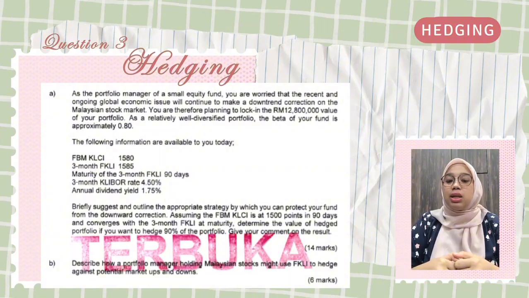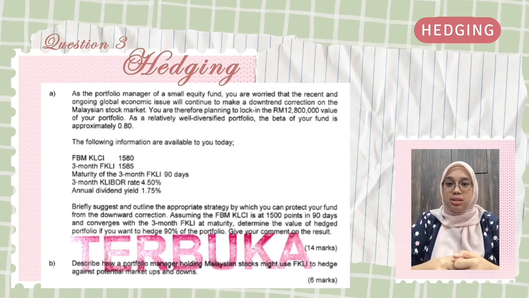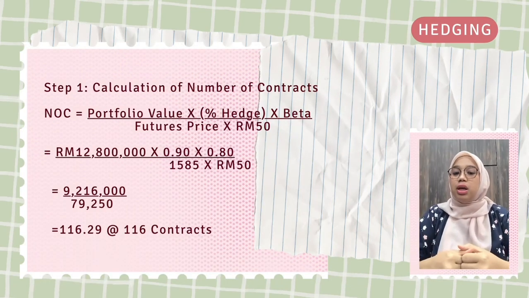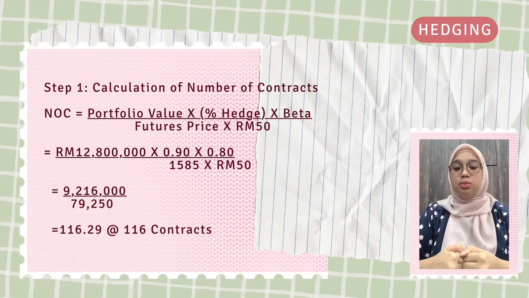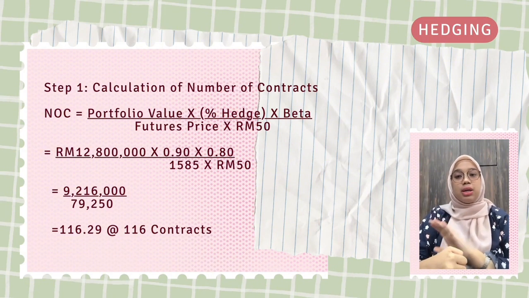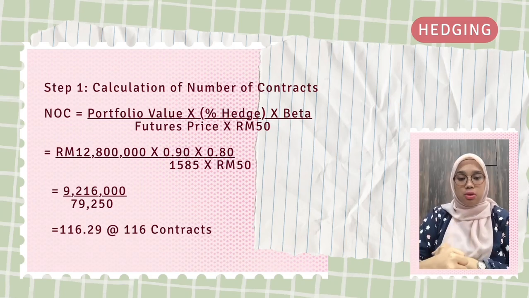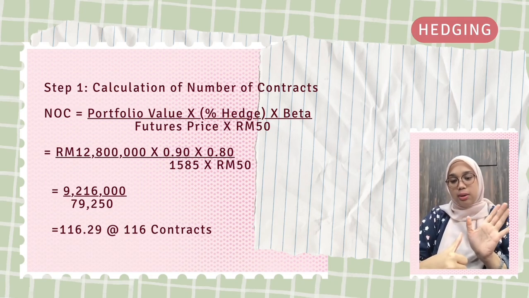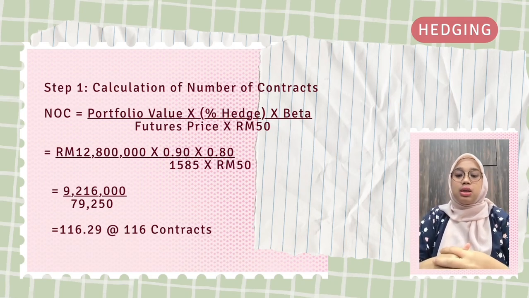We want to protect 90% of our fund for the next 90 days. So let's look at how we set this up. To protect ourselves from falling prices, we do what's called a short hedge. We split our actions into two sides: the cash market, which is our actual stocks, and the futures market. The first step is to find the number of contracts.